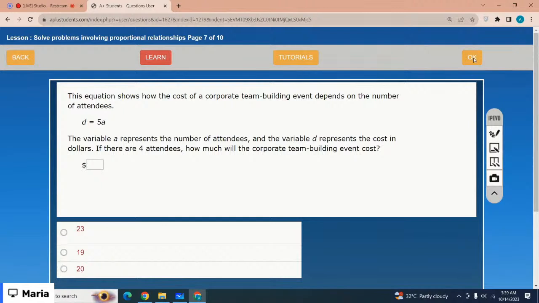Very good, that would be 5 times 4, because you have 4 attendees, right? That would be 5 times 4 is 20. Very good. The correct option is 20.